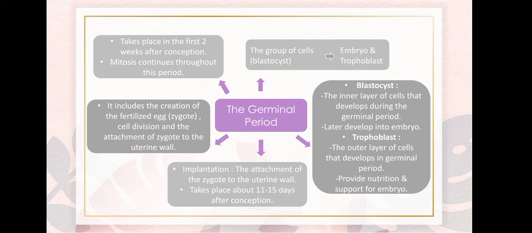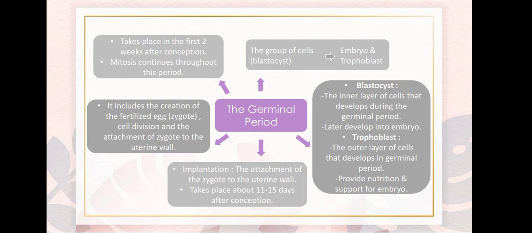Uterine wall means uterus wall. It's not on the fallopian tube. So the uterine wall is exactly the place where the baby will grow. So it needs to be implanted or attached on that place. Normally it takes place about 11 to 15 days after conception.